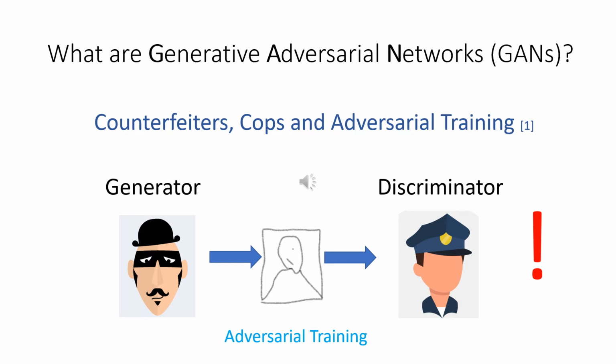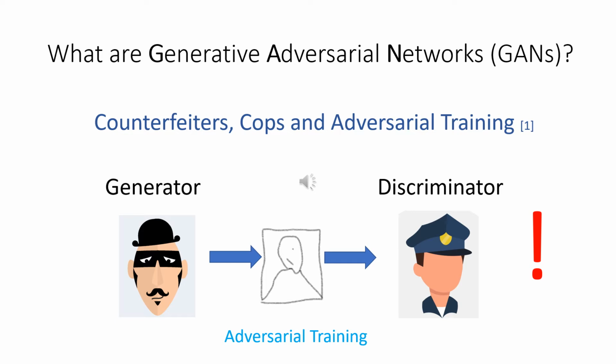The analogy used by Ian Goodfellow is that of a counterfeiter and a cop, where the counterfeiter is continually trying to forge copies of a painting, and the cop is continually trying to distinguish the forgeries from the real thing. The counterfeiter is the generator, and the cop is the discriminator.